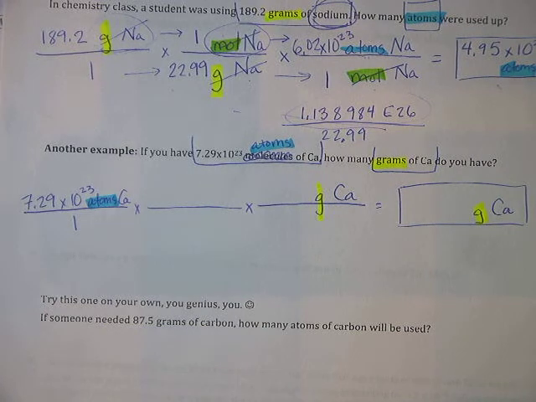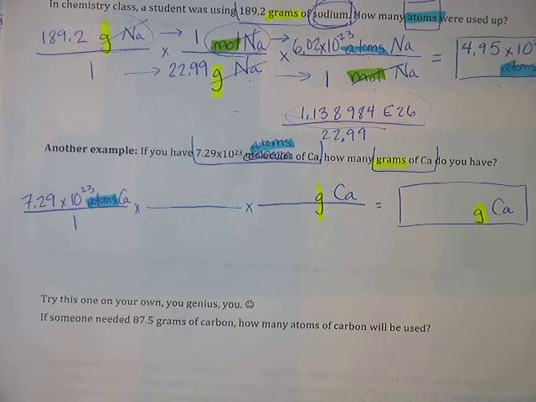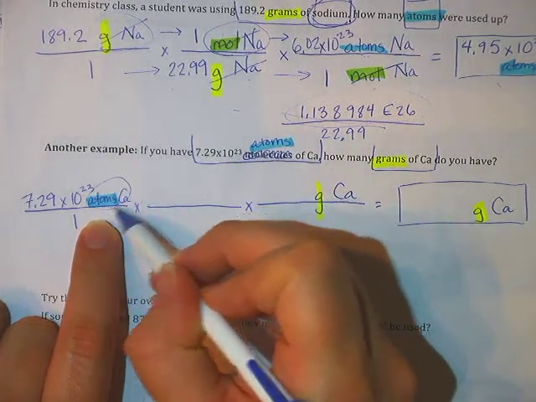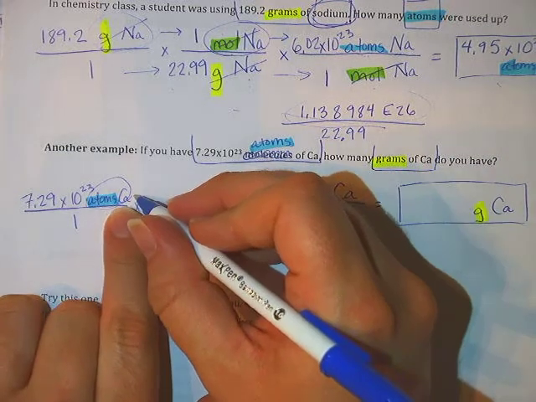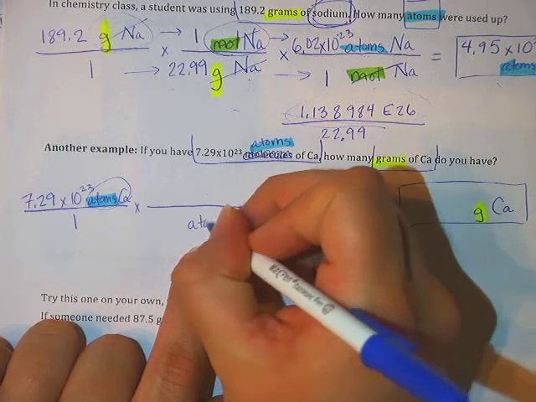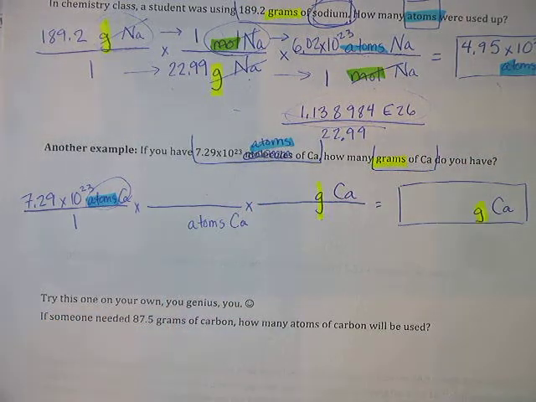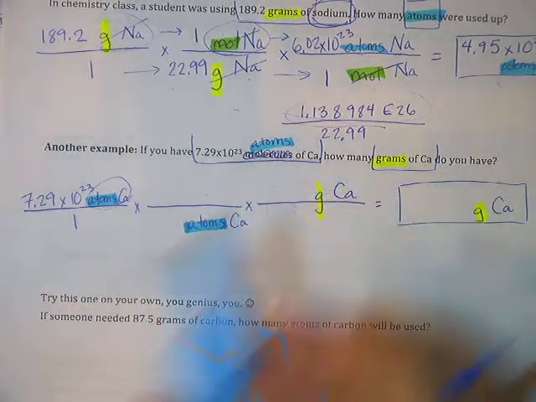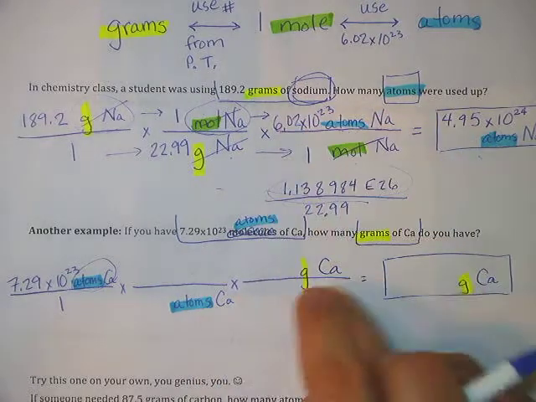Now we just have to figure out what goes in these empty spots in the middle. And I know that what goes up must come down. So if I have atoms of calcium on top, atoms of calcium are going to come down. Remember, not numbers, just words. Just unit, just element comes down. Now, I'm at blue.